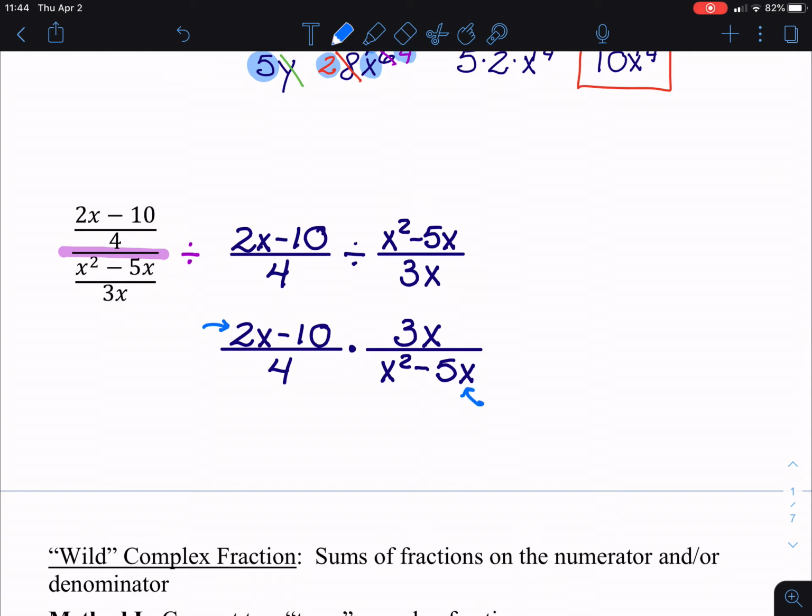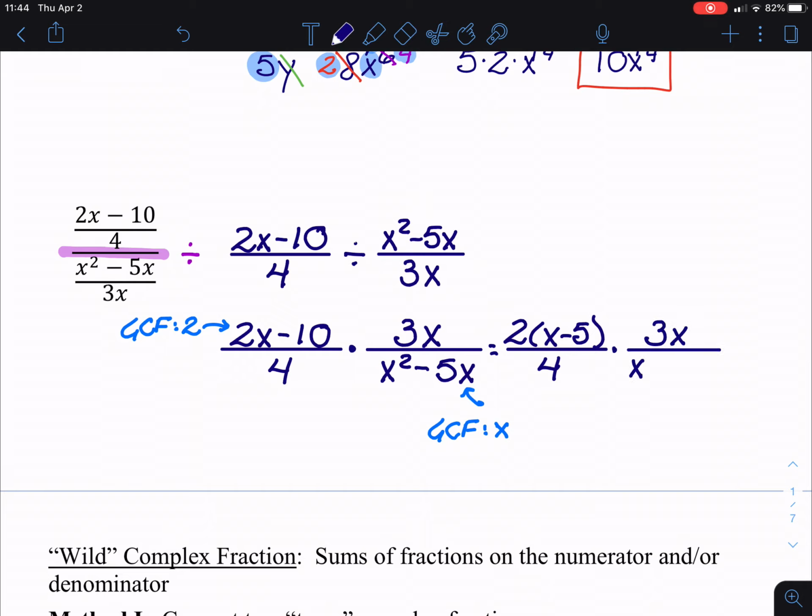So for the 2x minus 10, there's a greatest common factor of 2. And for the x squared minus 5x, I have a greatest common factor of x. So I can rewrite these as 2 times x minus 5 over 4 times 3x over x times x minus 5.